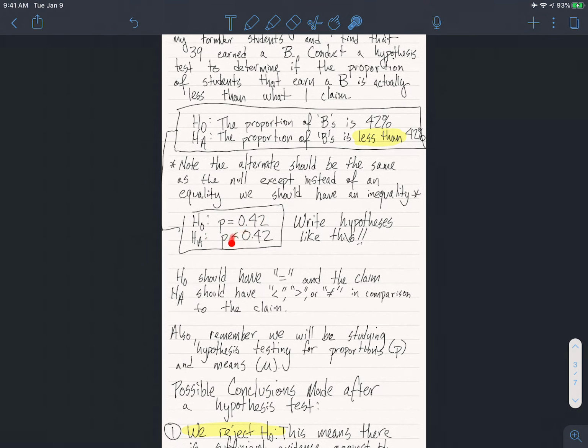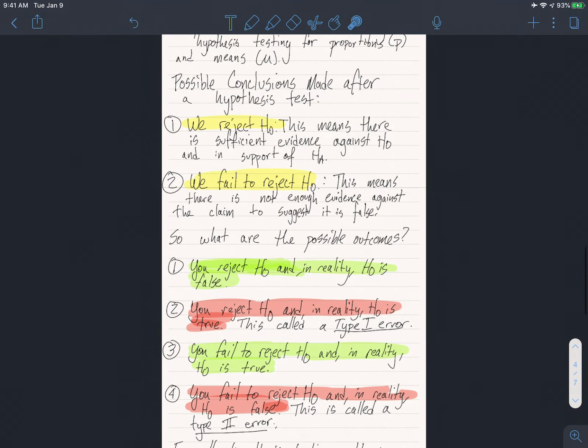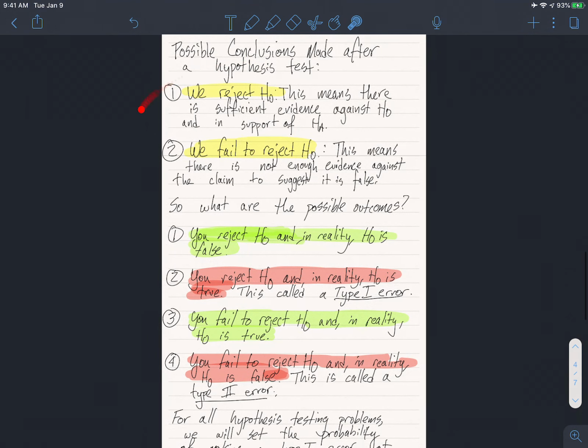You believe evidence suggests it's less than 42% in this case. After some math happens in the middle, which we will go over in the next few sections, we come up with either we reject the claim or we cannot reject the claim. So I reject the idea that it's 42% of people that pass your class, or I can't reject the idea that 14% of people end up smoking.